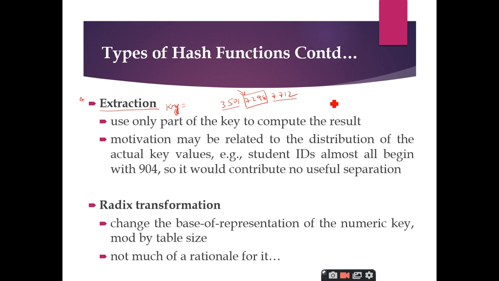For example, I have taken your registration number, right? It is 20021A0501. If I take 2002, it will be common for all the students. 20 is related to the year of admission, 02 is the college code, and 1A is the course code.